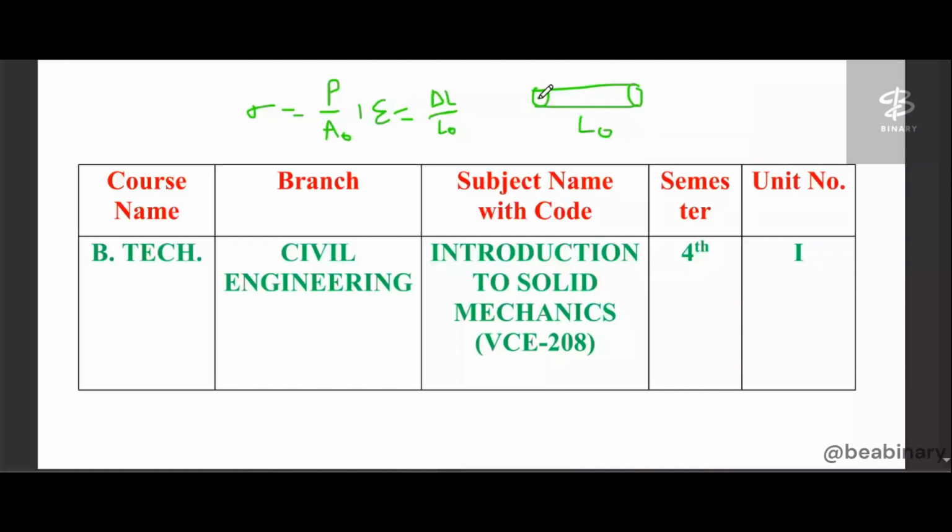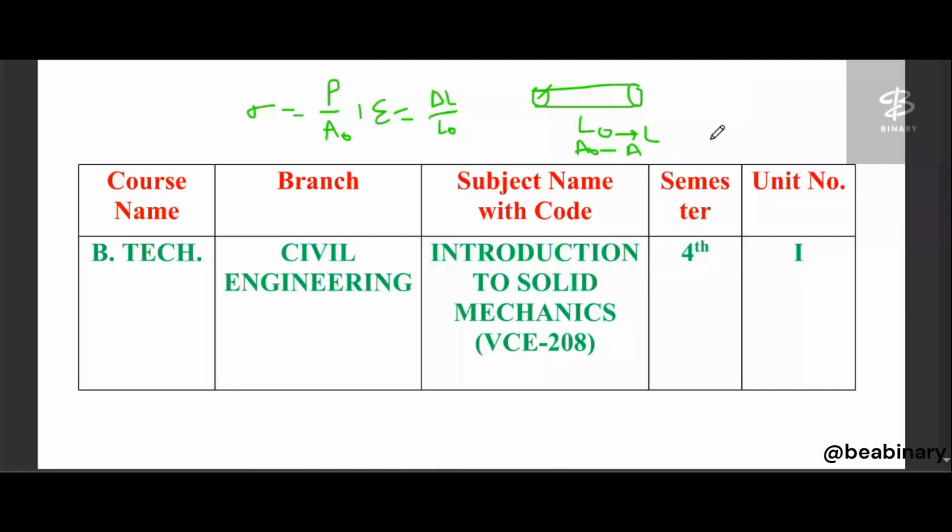So while the length of the rod changes, its cross section area also changes. If this original length L naught changes to L, then its cross section area A naught also changes to A. So while the length of the original rod changes, its cross sectional area also changes.